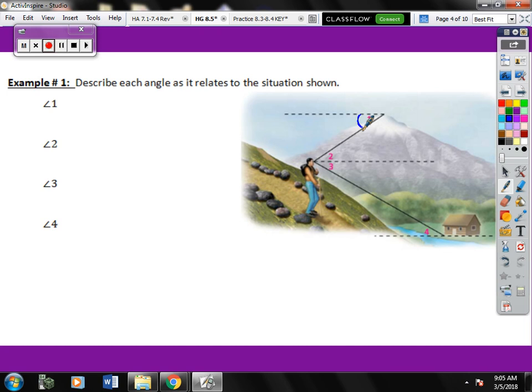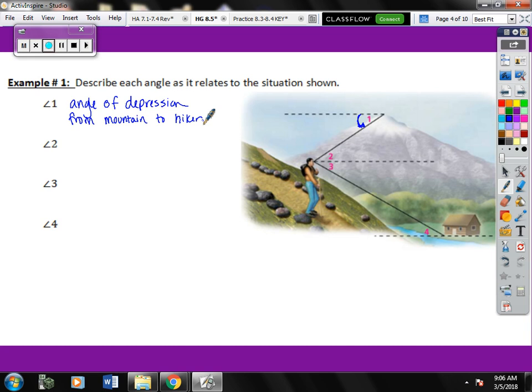Depression goes from a horizontal down to a line of sight. Now it also asks us to describe the angle, so this would be from the mountain down to the hiker, or to the person, whatever you want to say. Goes from the top of the mountain down to the hiker. That's what we're looking at.